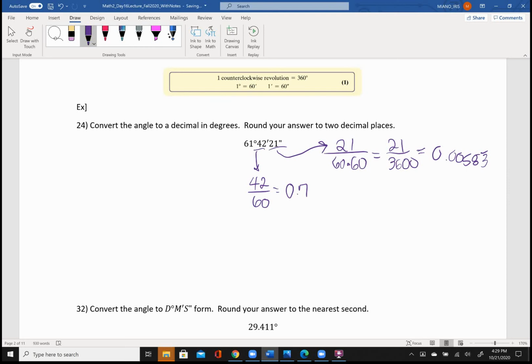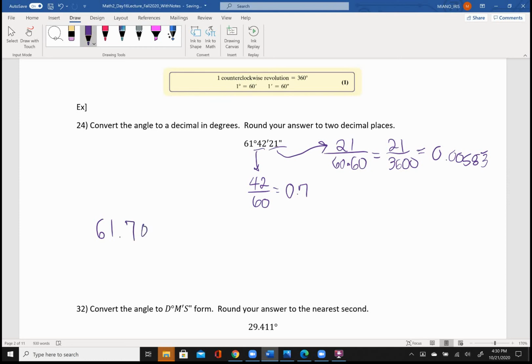You have to add them both together and then tack them onto the 61, and that'll give you your final answer here. So 61, oops, excuse me, hold on, let's erase that. 61.7, and then there's 2 zeros here, so the 7 will go here if you add it together.